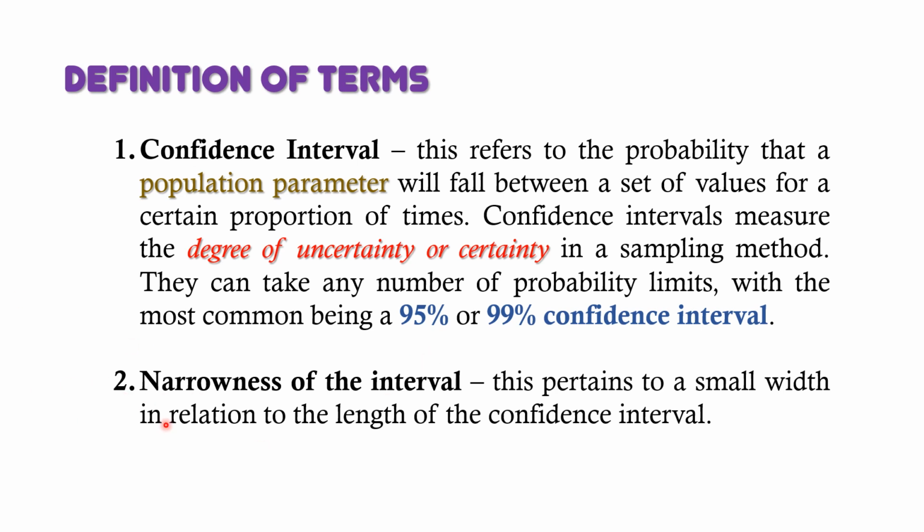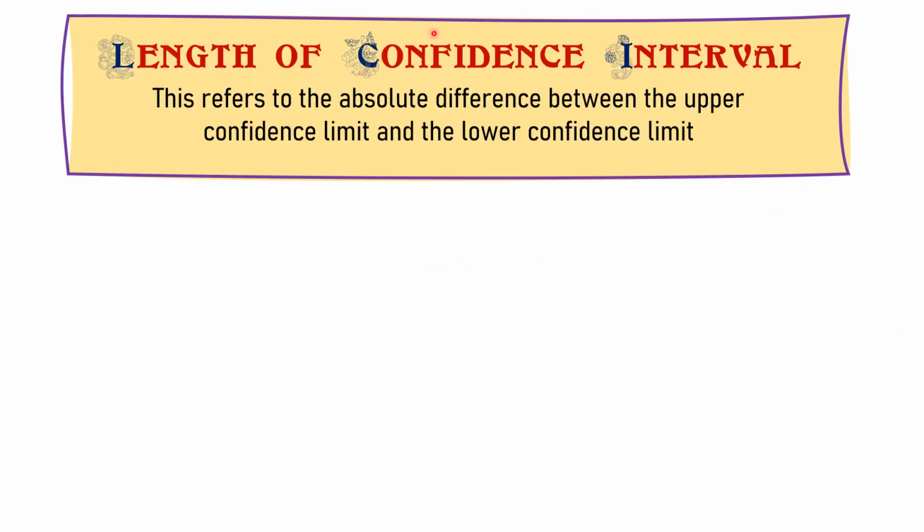The next terminology is narrowness of the interval. This pertains to a small width in relation to the length of the confidence interval. Kung gaano kaliit yung value ng ating interval, yung length natin. Next. Length of confidence interval refers to the absolute difference between the upper confidence limit and the lower confidence limit. Only the absolute difference. So here is the formula.